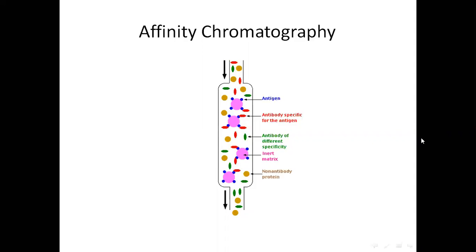As a result, we are easily able to bring about the separation of the specific antibody, whereas all the other molecules and macromolecules will go away and be separated from this column very easily. So this is the basis of affinity chromatography.